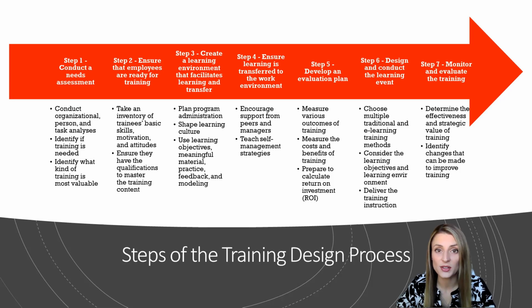Step 5 is to create an evaluation plan. Step 6, towards the very end of this linear process, is when the training is actually conducted. Step 7 then involves evaluating the effectiveness of that training. Let's take a look at each one of these steps in more detail on the following slides.